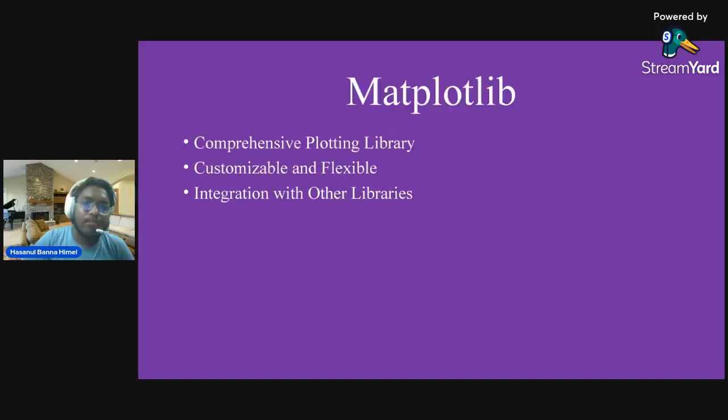And finally, we have Matplotlib as our final framework for Python. Matplotlib is usually used for comprehensive plotting. In linear algebra, we plotted some graphs, if you remember.